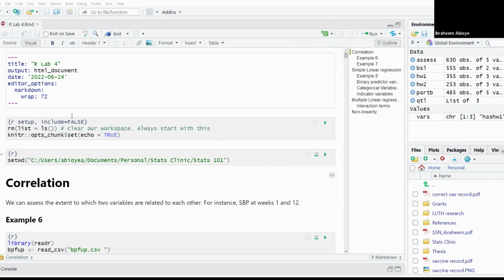Did you guys get this file? It's our lab for the RMD file. You can do a thumbs up sign or you can unmute yourself to speak. That would be helpful.